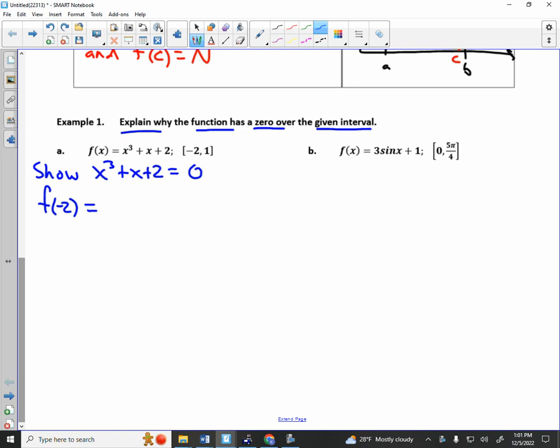So all I do is I plug in negative 2. What do you get when you plug in negative 2? Negative 8 minus 2 plus 2 is negative 8. Now I'm going to determine f of what? 1. Okay? What do you get if you plug in 1? You get 4.